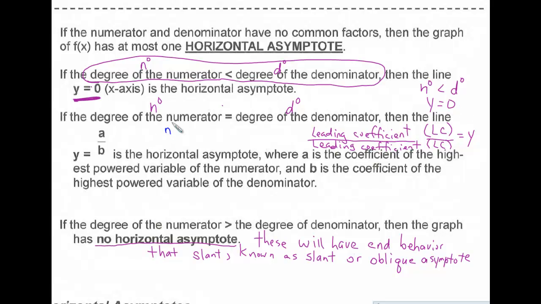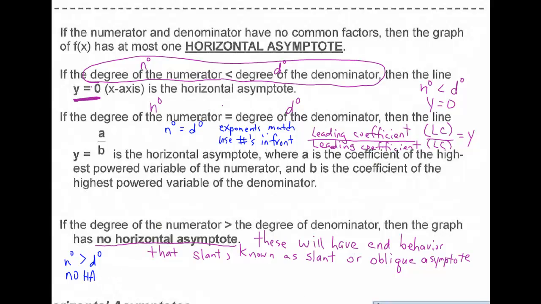If the degree of the numerator is equal to the degree of the denominator, in other words, if the exponents match, we use the numbers in front. And if the degree of the numerator is greater than the degree in the denominator, there's no horizontal asymptote.